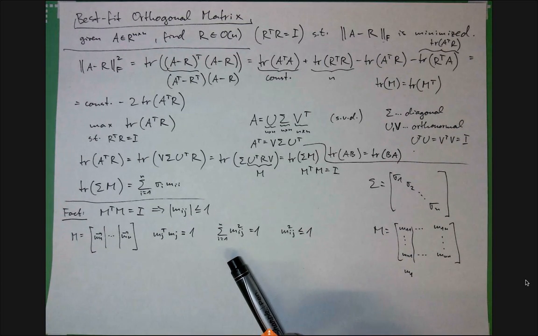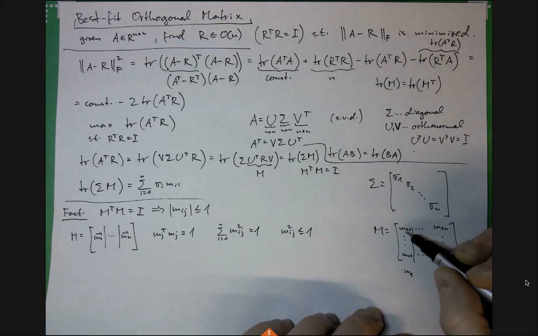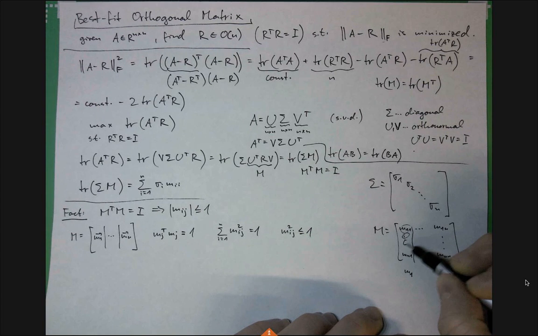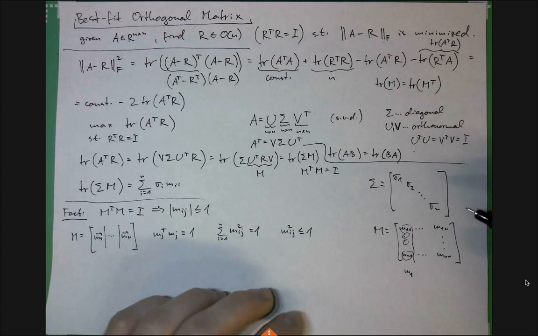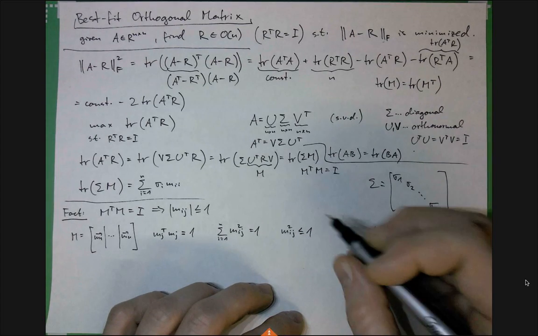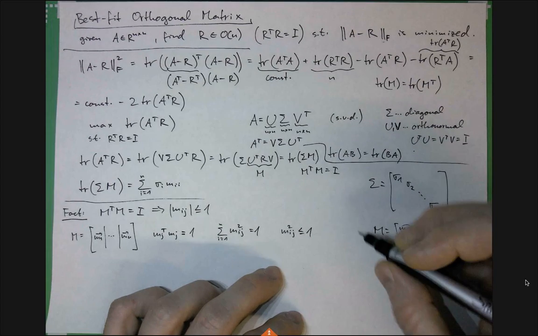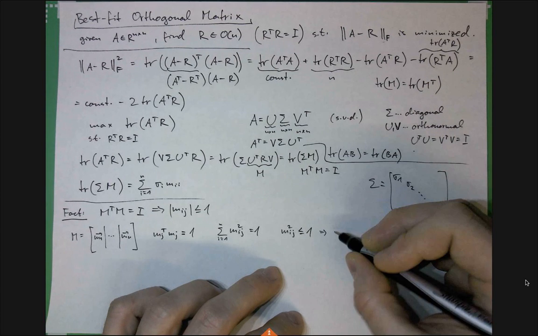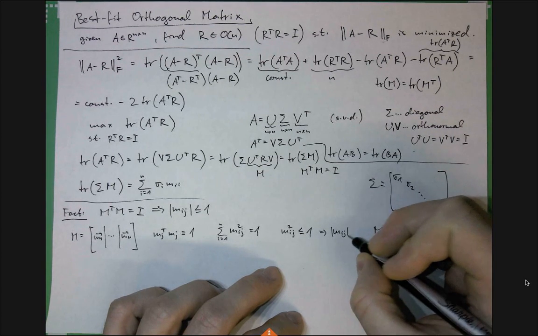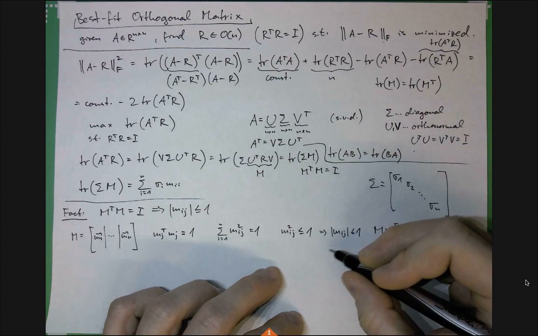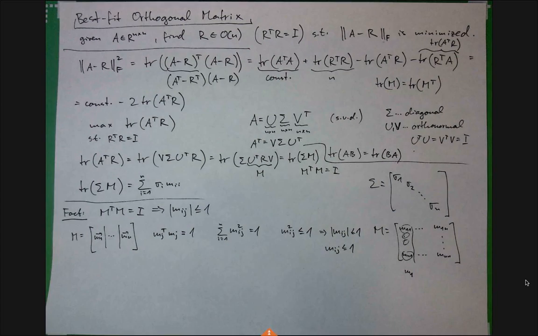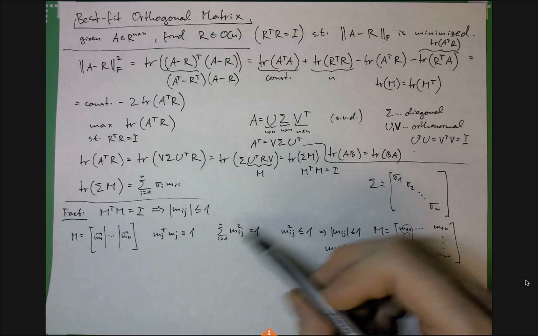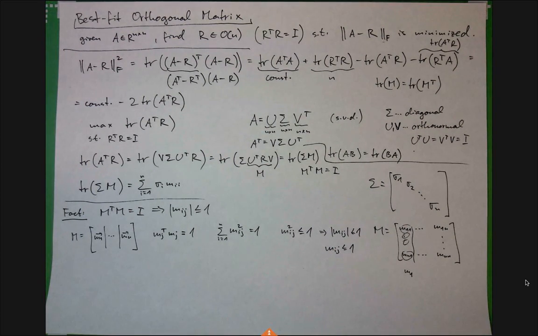So every single component here, after I square it, must be at most 1. So the absolute value of Mij is at most 1, and of course Mij must also be at most 1, right? There's no way, if it was more than 1, then this could never be true. Do you see that?